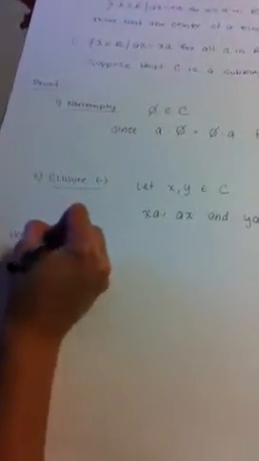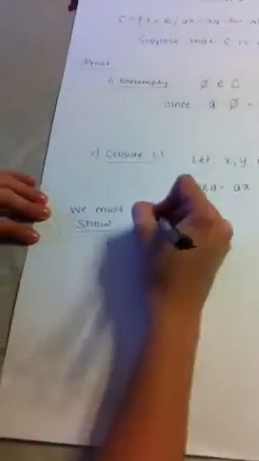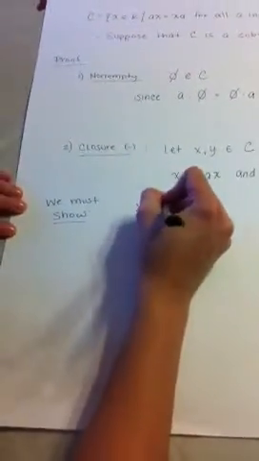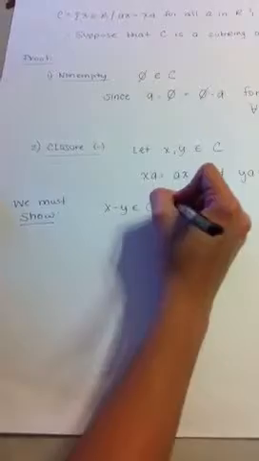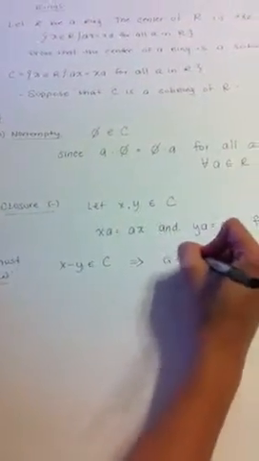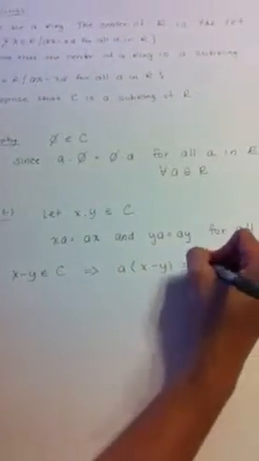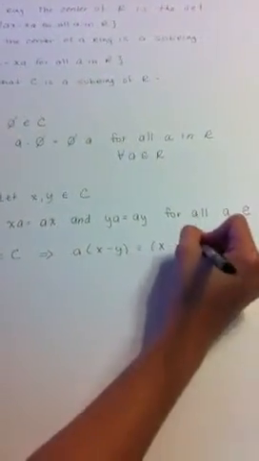We must show, in order to complete this part of the proof, that X minus Y belongs to C, and we will prove this by showing A(X minus Y) is equal to (X minus Y)A.